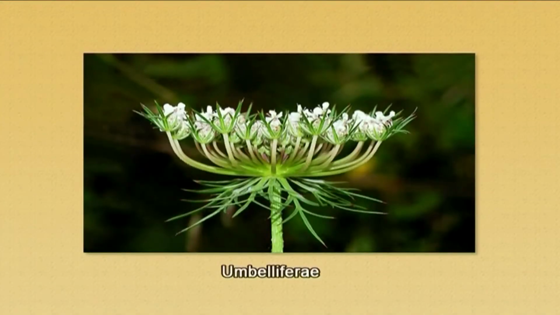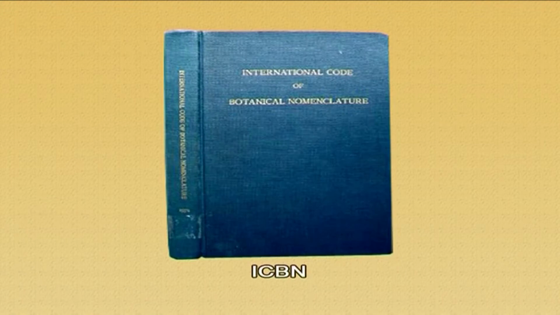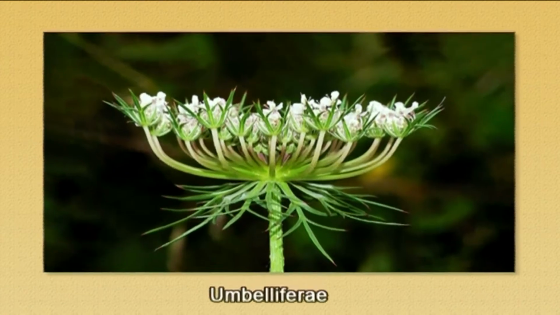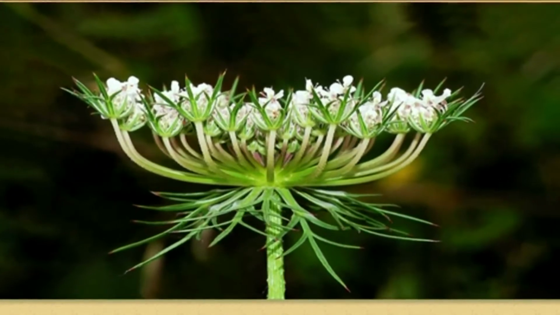Why was there necessity for this alternate family name Apiaceae from its previous name Umbelliferae? This alternate name was necessitated due to the typification rule of the International Code of Botanical Nomenclature.